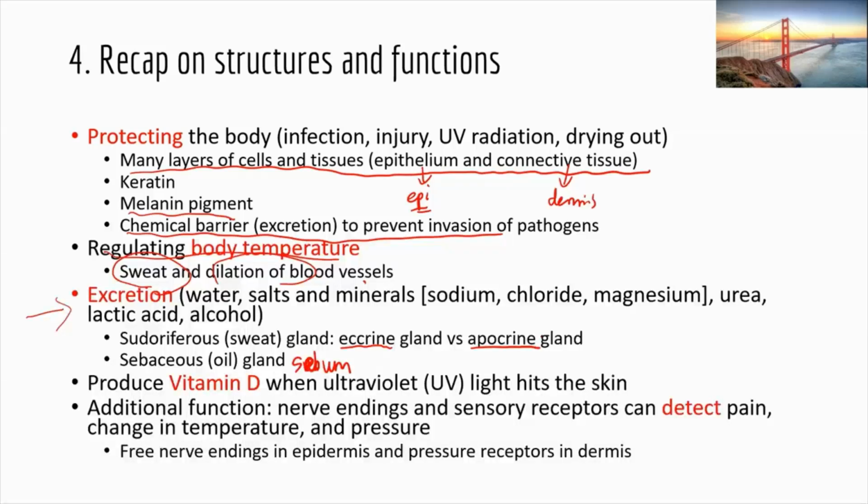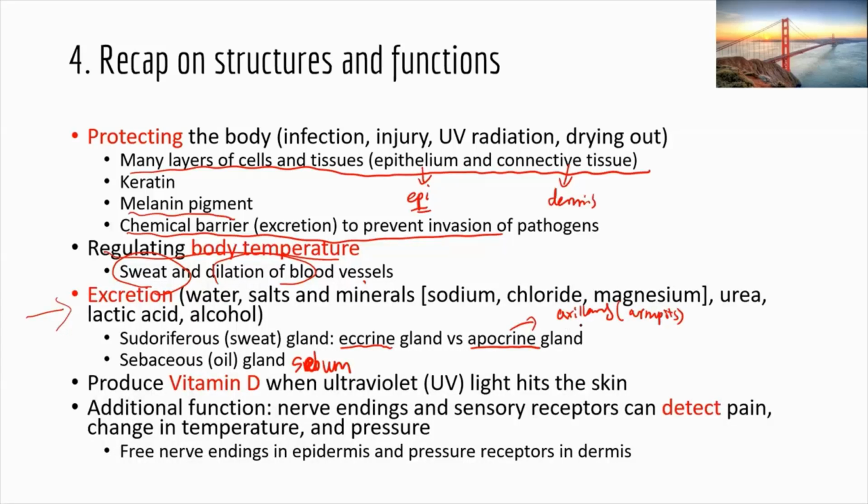So the eccrine glands can be found all over your body. So they're the normal sweat glands. The apocrine gland is a special sweat gland that's usually found in the axillary area. You may know this, axillary area really just means your armpit.